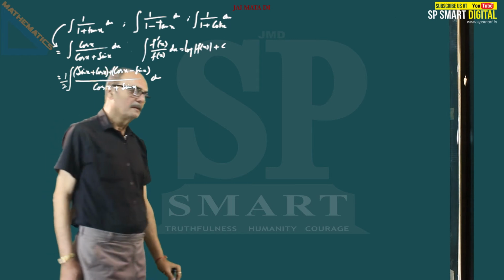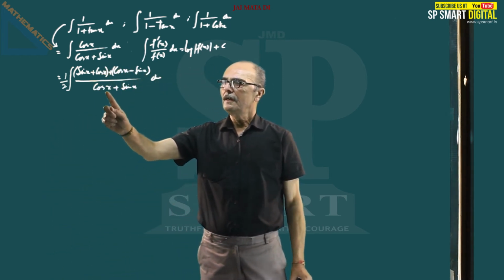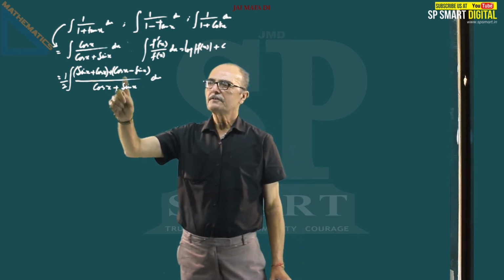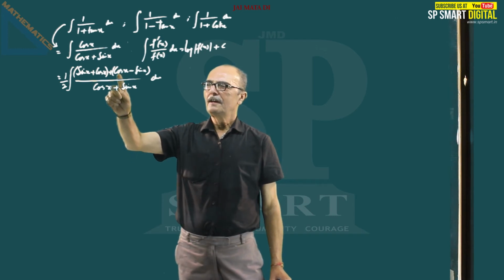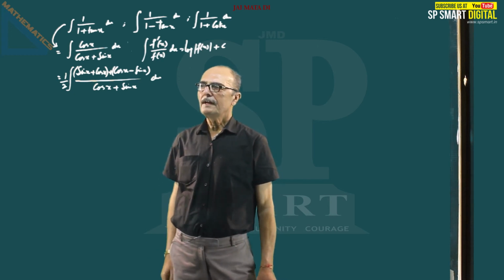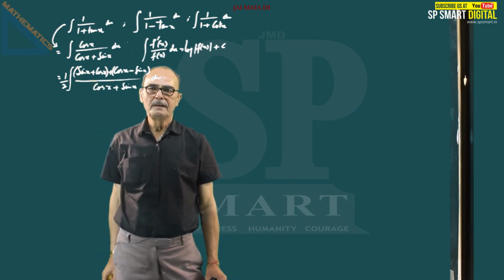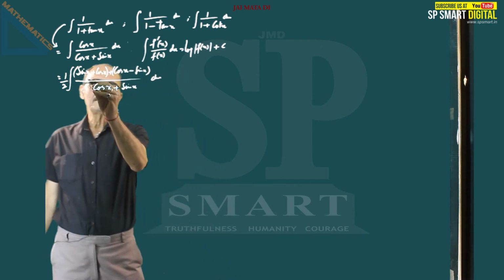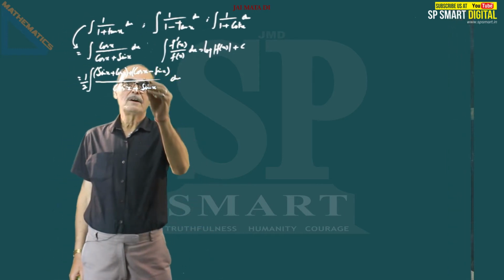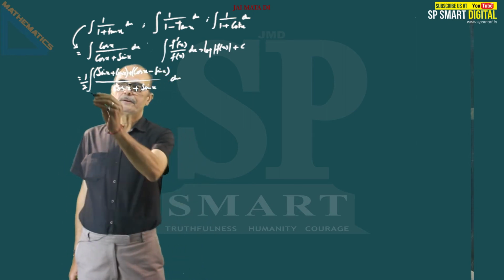I repeat this. See, the derivative of the denominator is minus sin x plus cos x, as the derivative of sin x is cos x and the derivative of cos x is minus sin x. Then we write the denominator as it is, cos x plus sin x. This term sin x gets cancelled with this. So, you are left with cos x plus cos x, which is 2 cos x, and divided by 2.